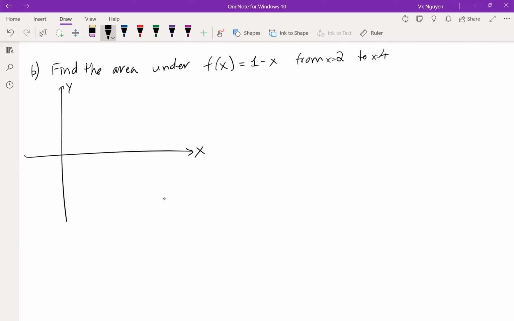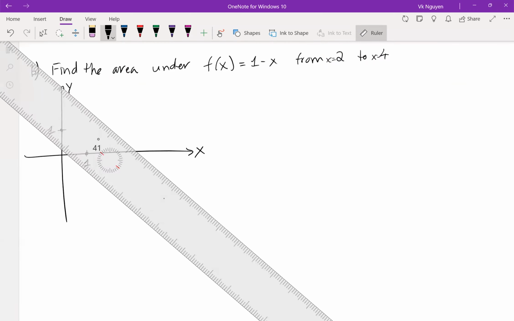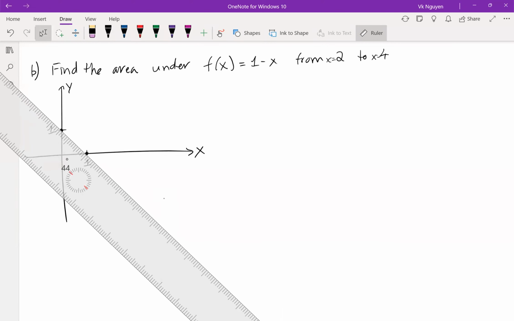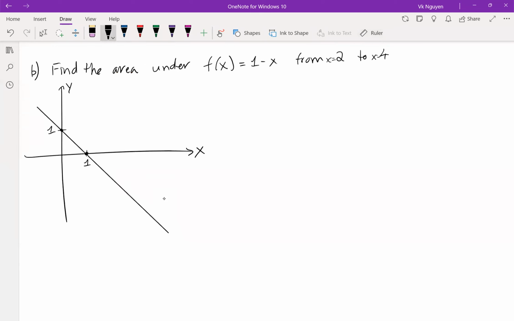x, y. 1 minus x, the y-intercept is 1. Slope is -1, so go down 1, go to the right 1. And that should get us the straight line, because it is a linear function. Two, three, four.